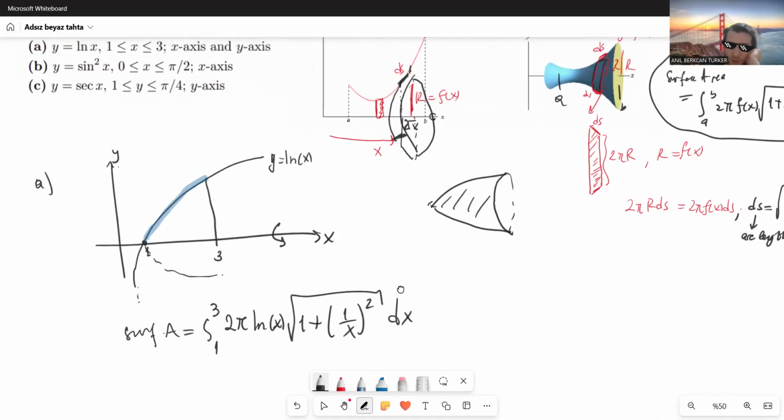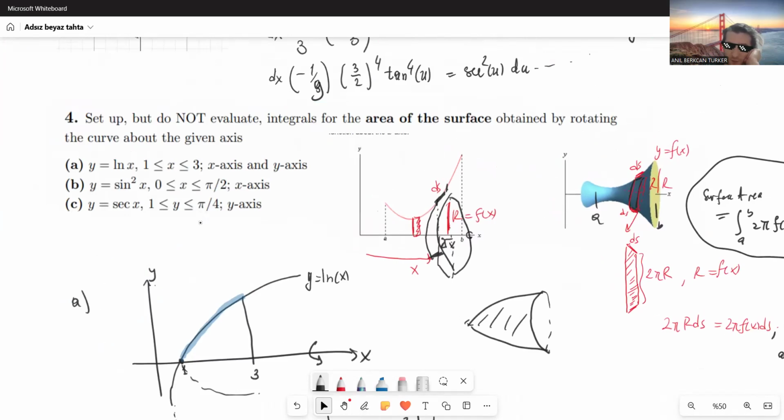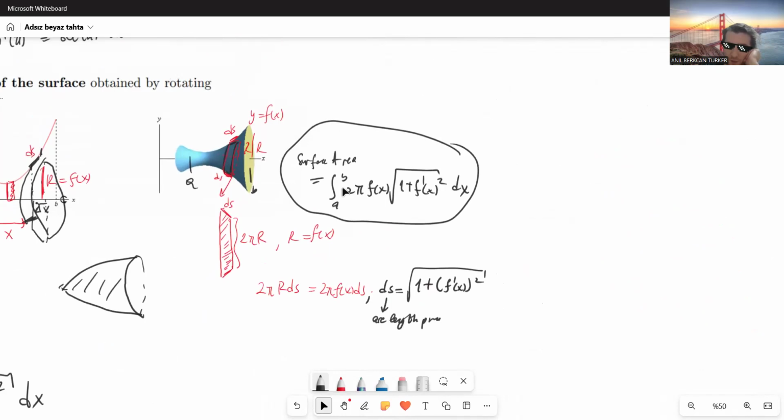Similarly, you can apply this formula for each function. You have 2 pi f of x, which will correspond to each slit. And this ds is another function, right? This is the square root of 1 plus f prime of x squared, which comes from the arc length of a curve.